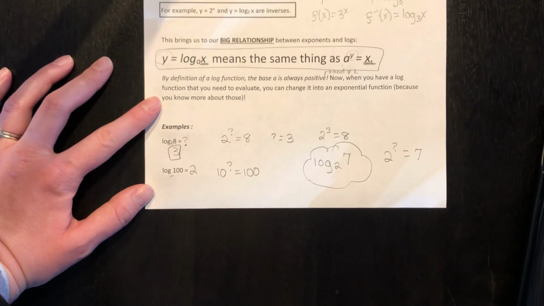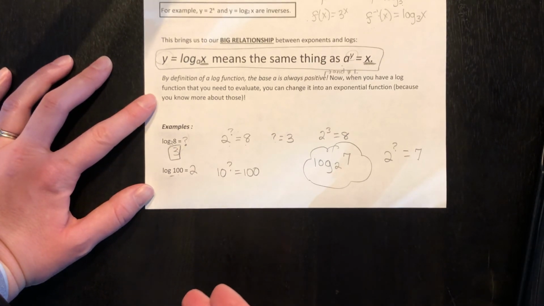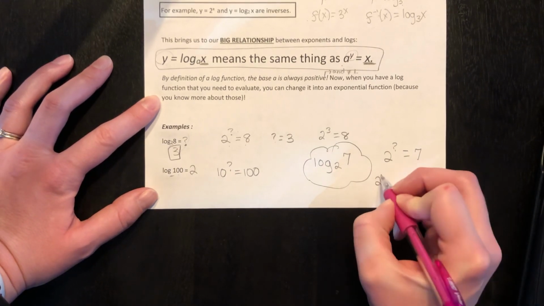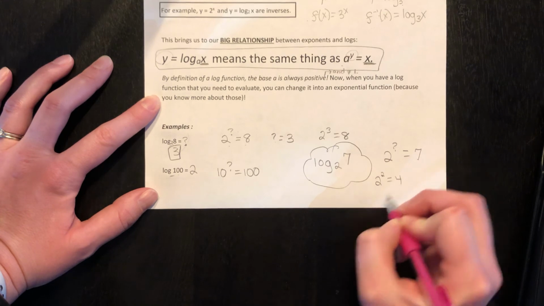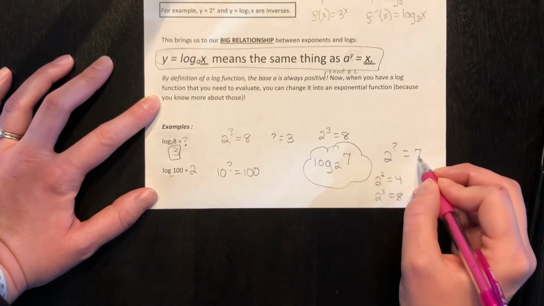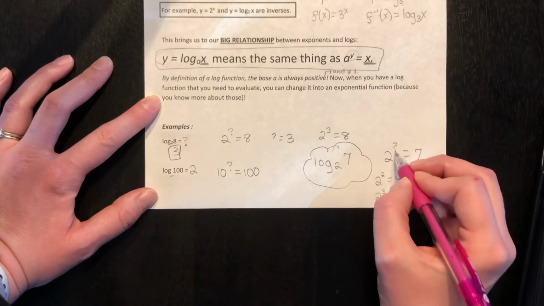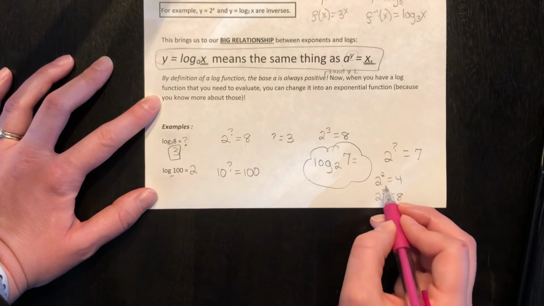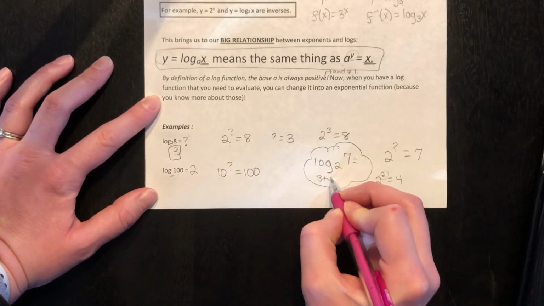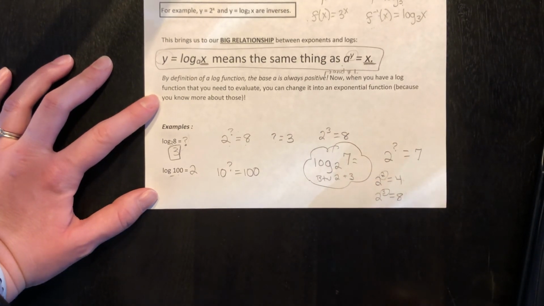Who knows? Now, you could estimate what that is because you could say, well, I know that 2 squared is 4, and I know that 2 cubed is 8, and 7 here falls between 4 and 8. So this must fall somewhere between the two exponents 2 and 3. So I know that it must be between 2 and 3. Could say that, but I don't know exactly what it is.